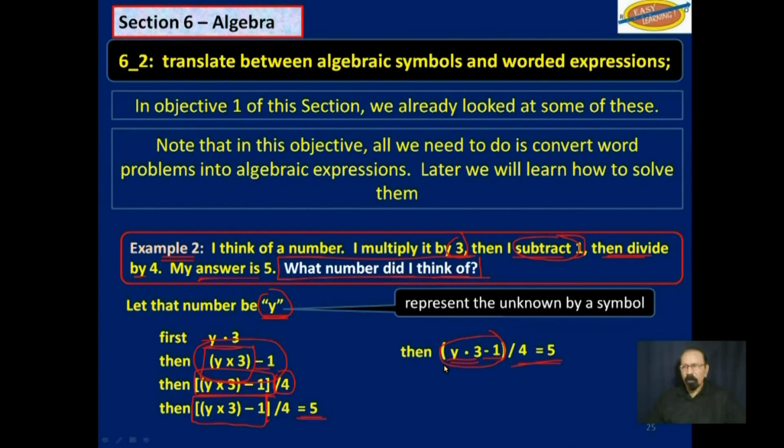So this is our equation. As I said, we will not actually solve this equation right now. We are just trying to convert the word problem into algebraic expression, which seems to be the most difficult part of algebra for most learners of algebra. So you could compress that to 3y minus 1 in bracket, divide by 4 is equal to 5.